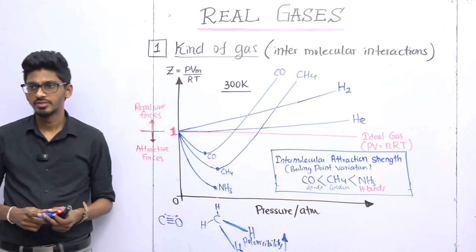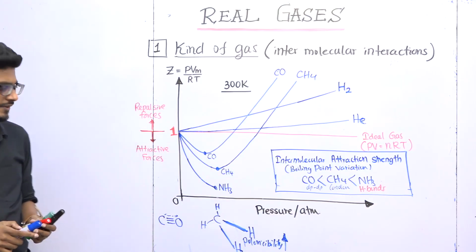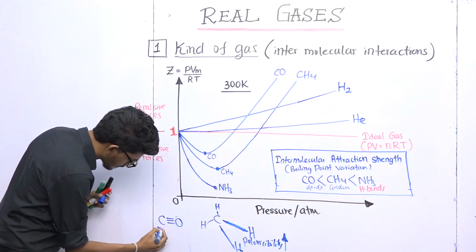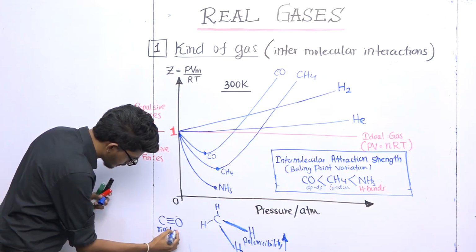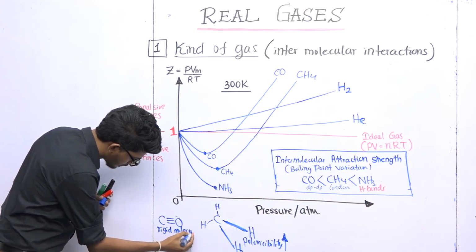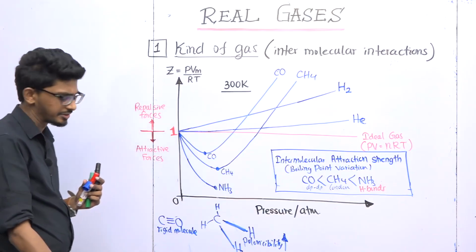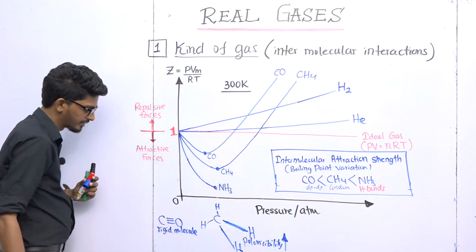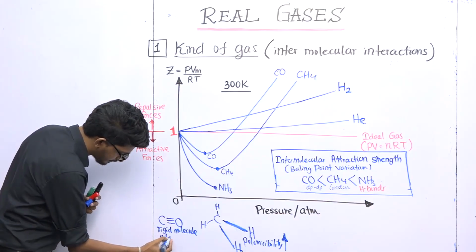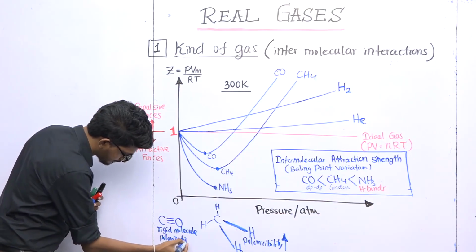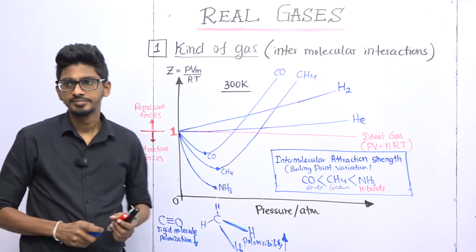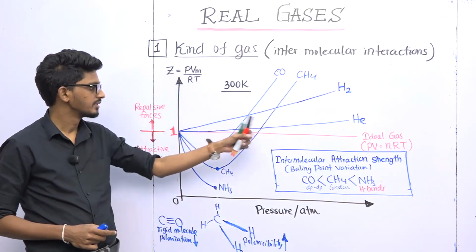So just complete this stuff. Right, this is a rigid molecule, right? Polarization is low. Okay, so let's complete this stuff.